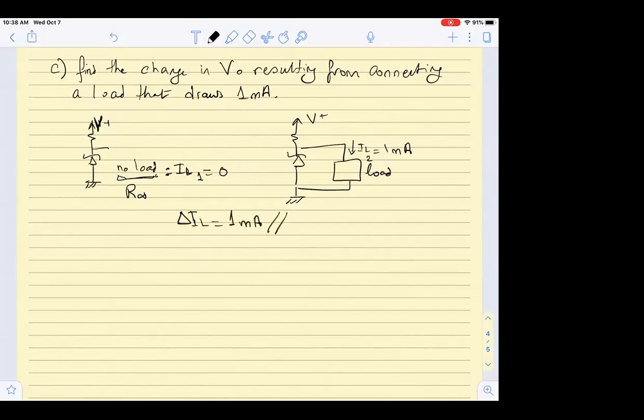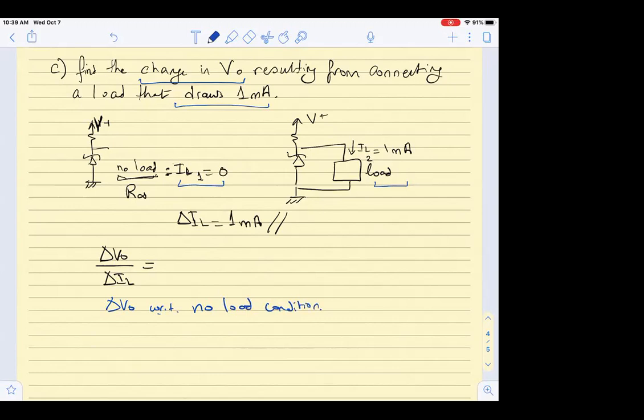So can I now use the equation delta VO over delta IL in order to find the change in VO resulting from connecting the load that draws 1 milliamp, given that before it was 0 and now it is 1 milliamp? I would be calculating delta VO with respect to what condition? With respect to the no load condition.